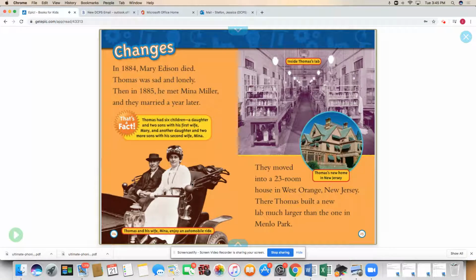Okay, so this is just showing, like we said, it's going in chronological order, so it's going through his life. And it's showing as he got older, his first wife passed away. But then eventually he remarried and he ended up moving to a home in New Jersey. Okay? So this is going through his whole life, like I said, chronological order from childhood until he was an older man.